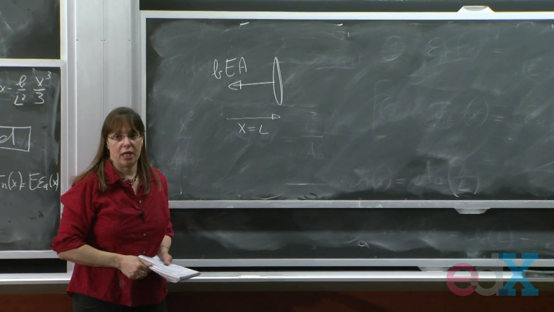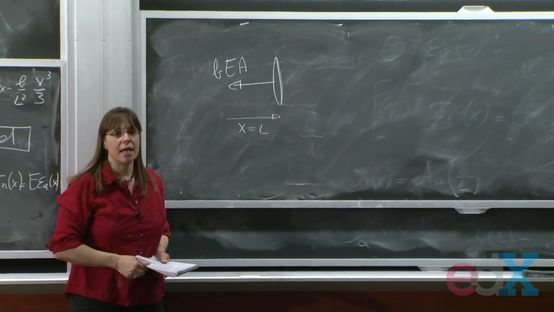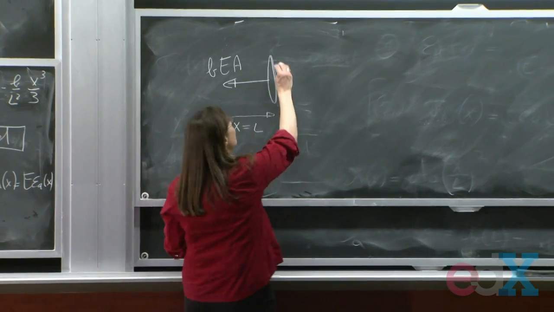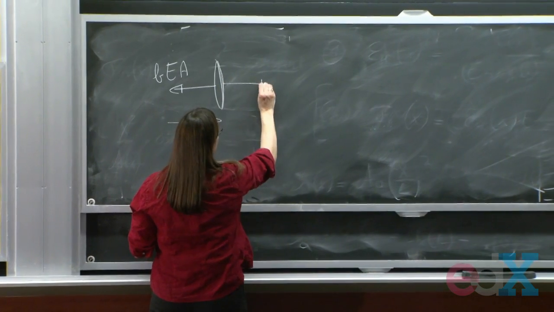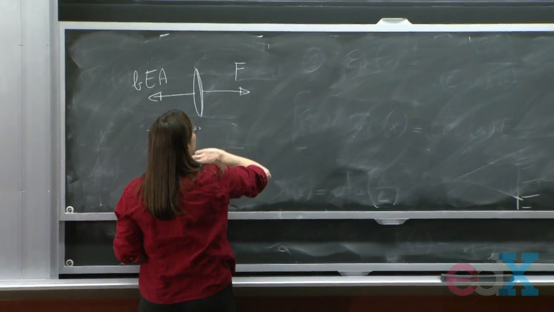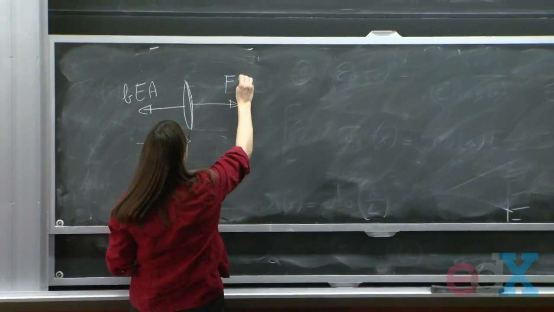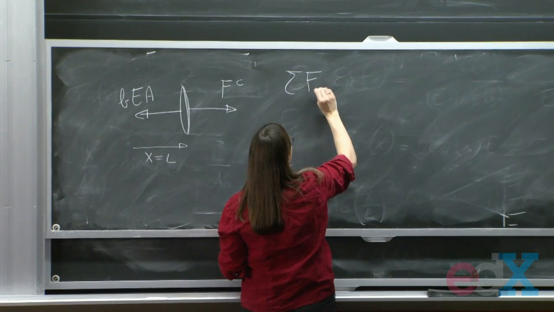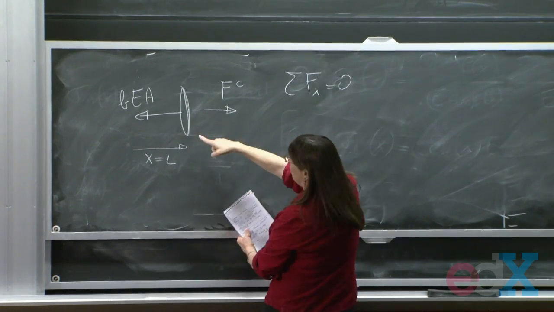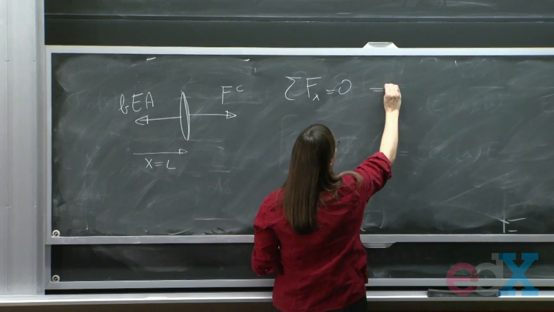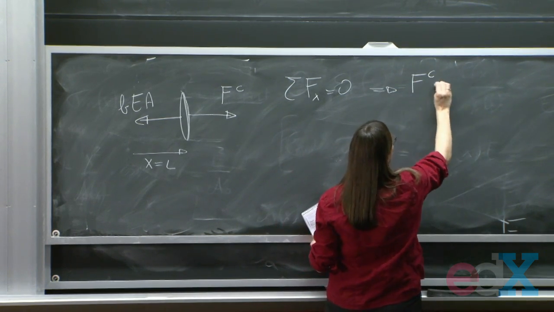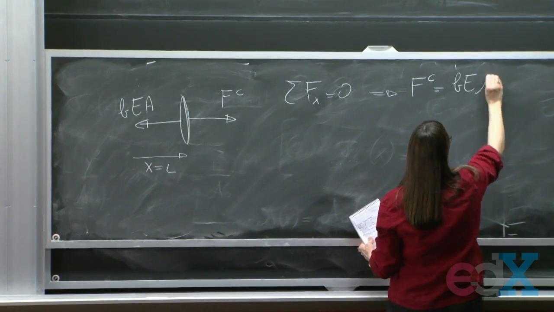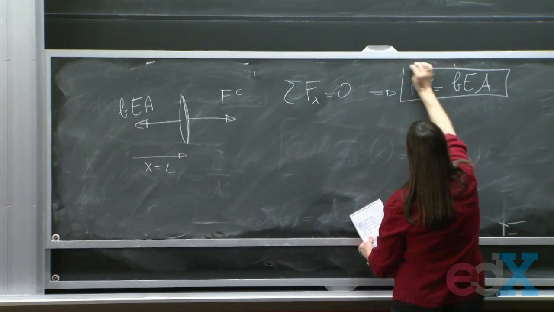Something must be pulling on that end of the bar, because otherwise I cannot have a non-zero axial load, correct? So something must be happening on this end, and this something, it must be a concentrated load that happens at this end, FC. And if I do sum of the forces in x equals 0, on that simple diagram there, I get that my axial force at the end of the bar must be equal to B times E times A. There is no way around it.